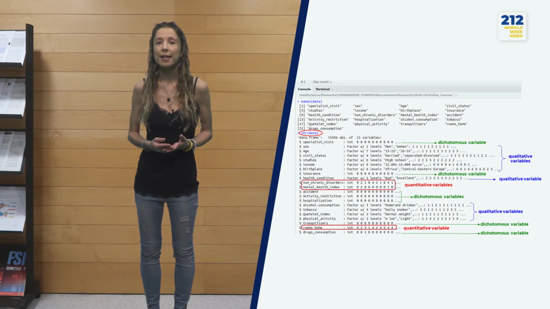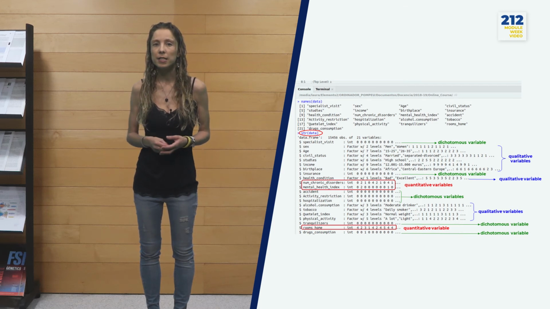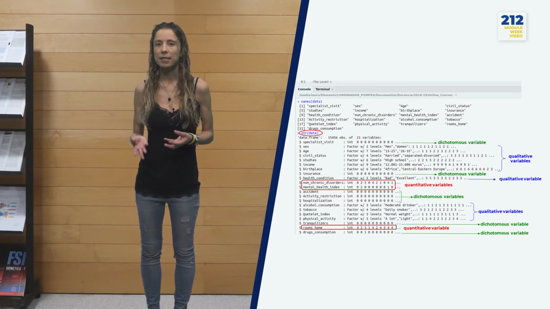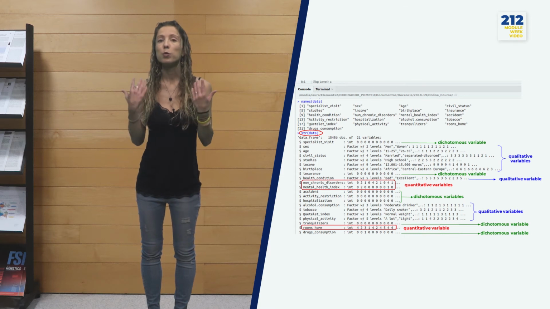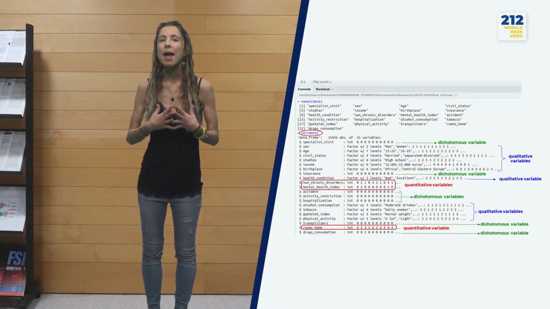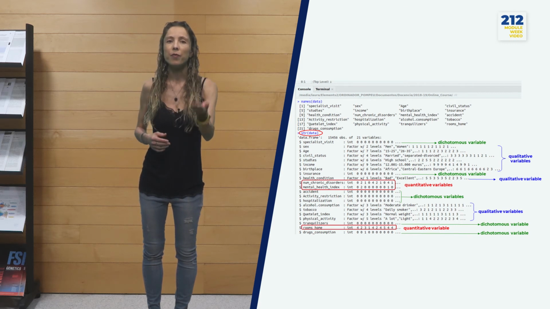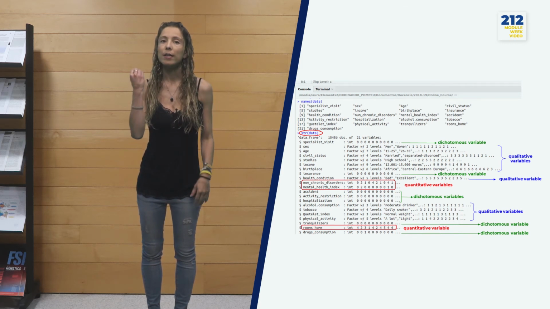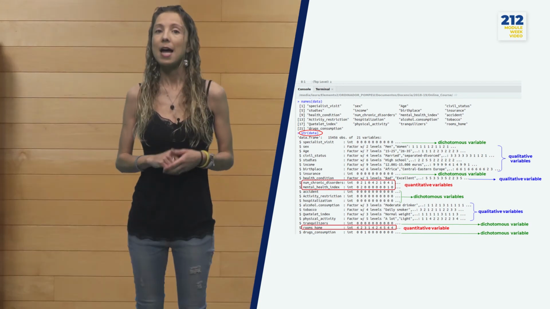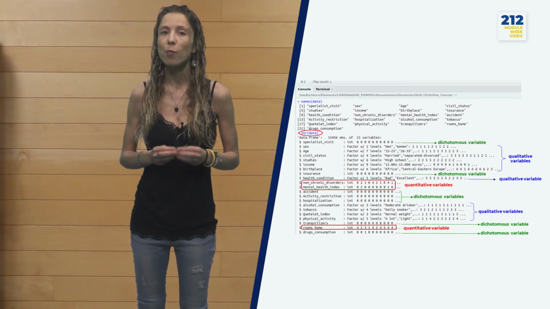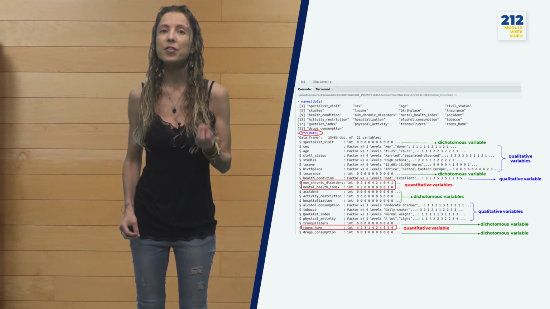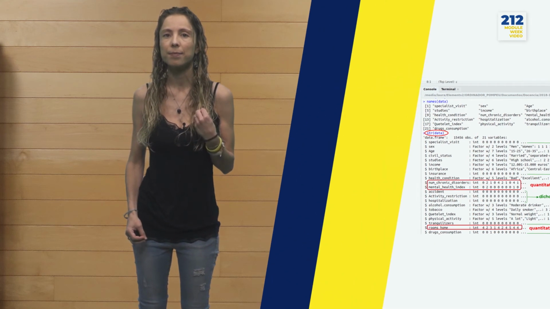This would be the case of the variables specialist visit, insurance, accident, activity restriction, hospitalization, tranquilizers, and drugs consumption. They only take 2 values, 0 being the negative response and 1 the affirmative answer. These variables are not real numerical variables, but they can be treated as qualitative variables.